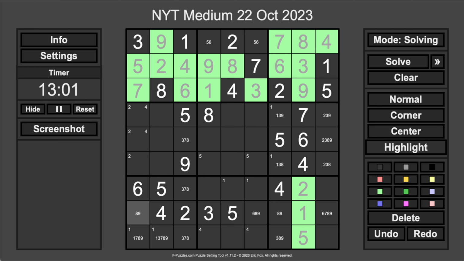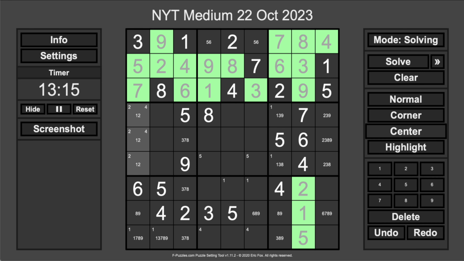Doesn't mean this can't be 7. That's no help. As far as those digits, let's see. Got 3, 5, 6, 7. I need 1, 2, 4, 8, 9. Oh, and this can't be 7 either.